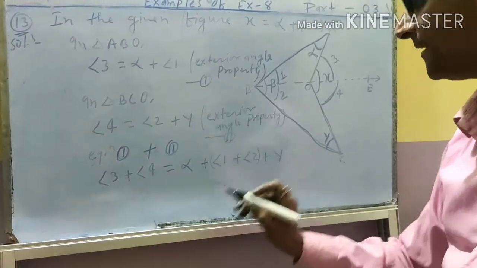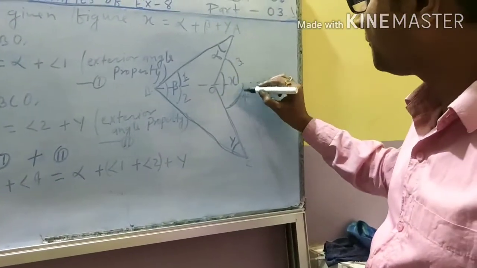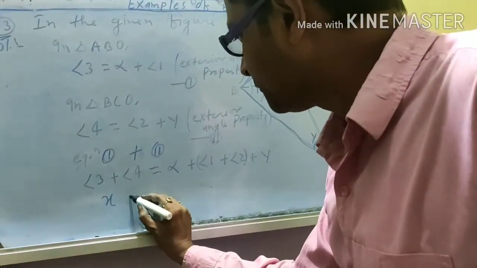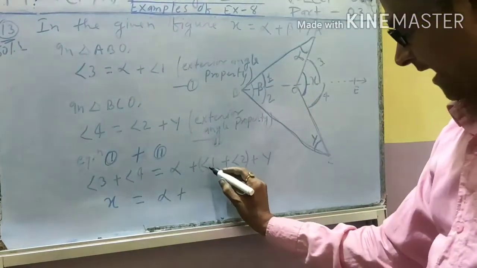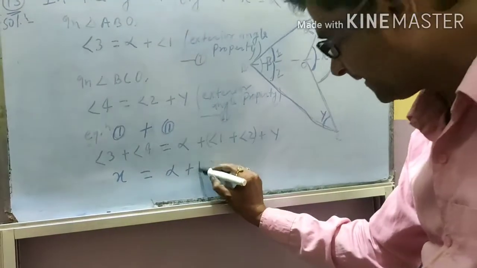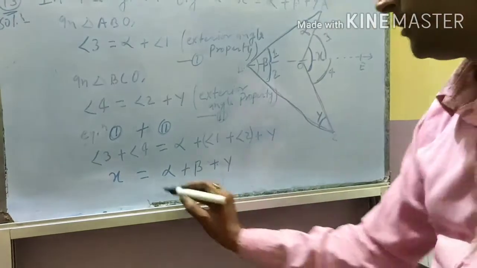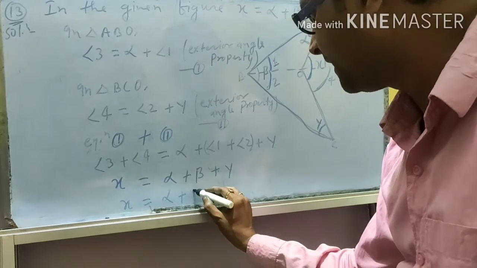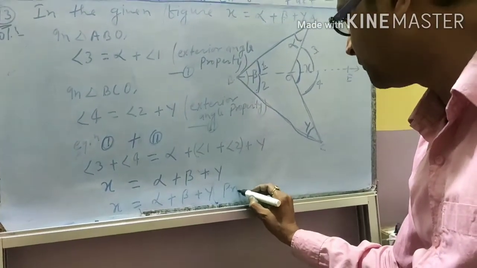Look here: angle 3 plus angle 4 is equal to x, this value is given. So x is equal to alpha plus angle 1 plus angle 2, and angle 1 plus angle 2 is equal to beta. And the last value is gamma. So students, the result is x is equal to alpha plus beta plus gamma. This is your proof.